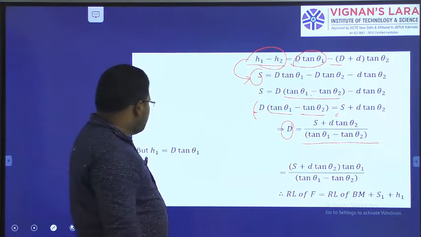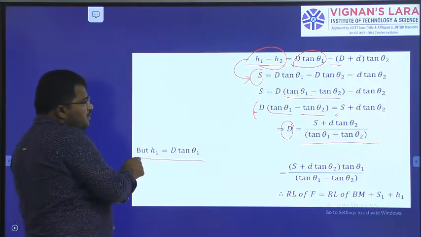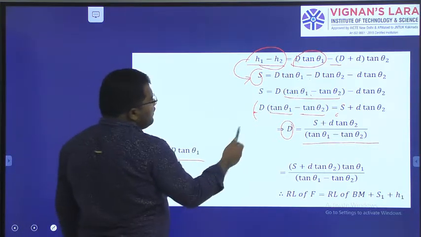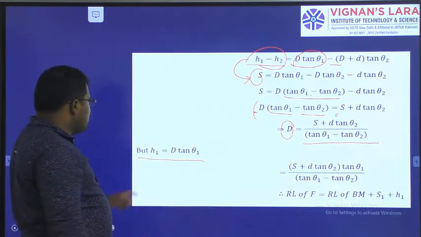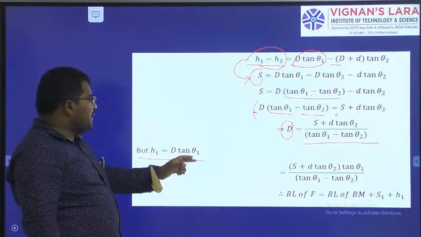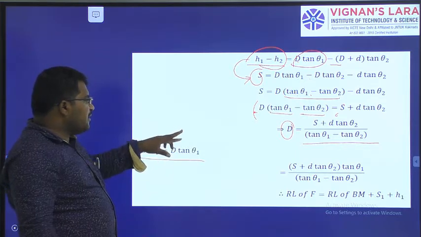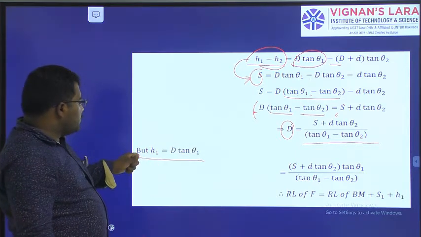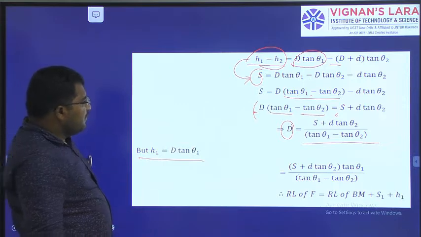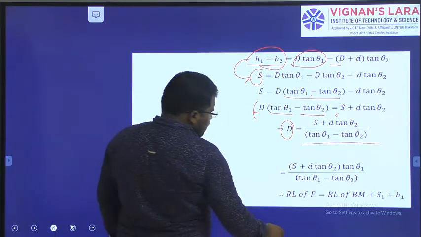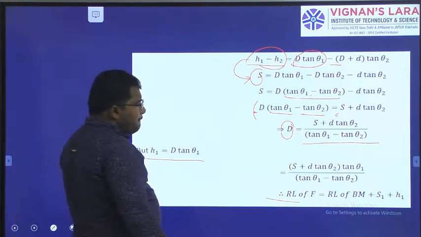Now, H1 is equal to how much in this equation? H1 equals D tan theta 1.